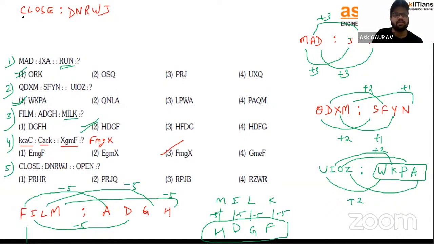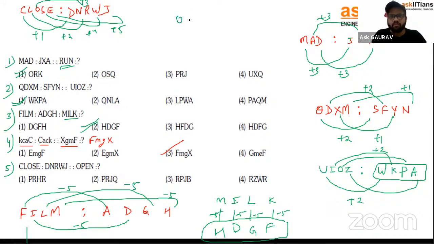See, this is very easy. C plus 1 is D, L plus 2 is M, then O, P, Q, R, basically plus 3. It is increasing. S plus 4, E plus 5, like this, right? Then check for OPEN.